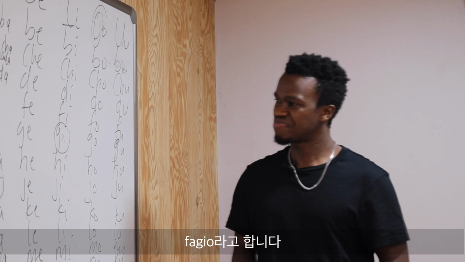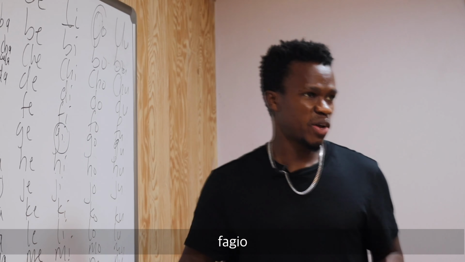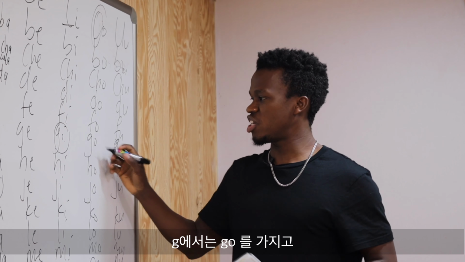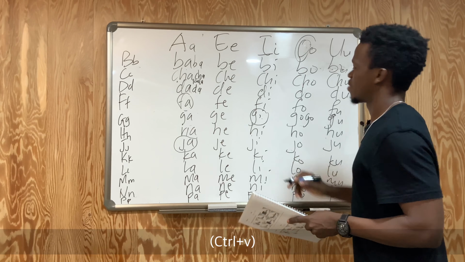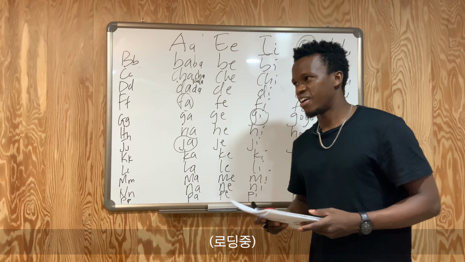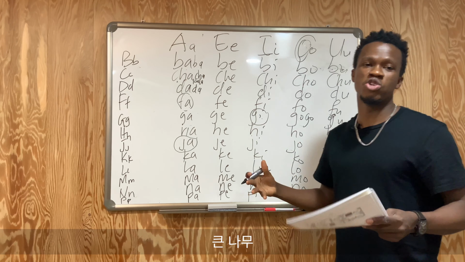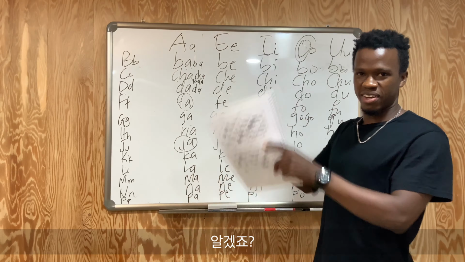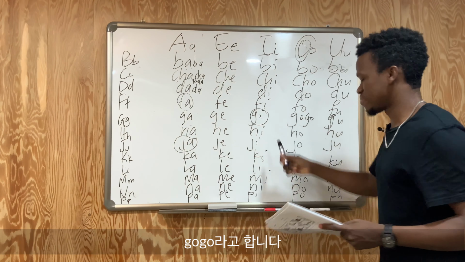We call it fagio. Okay, in G, we can take, for instance, go-go. Gogo is a big wood. It could be a pillar, you know. We call it gogo.